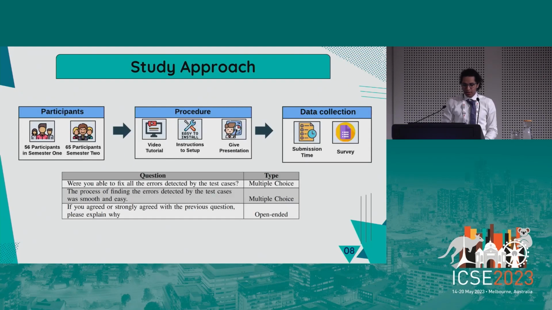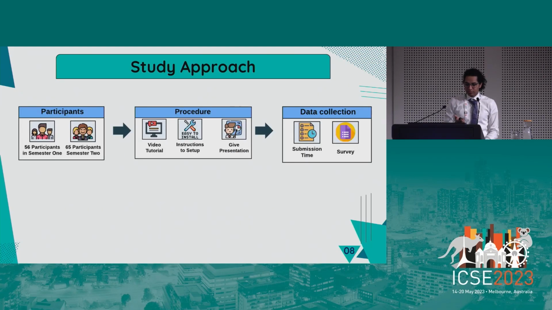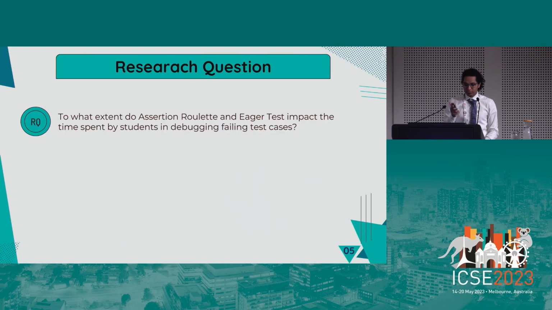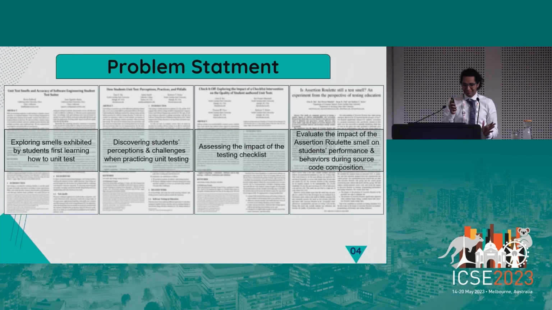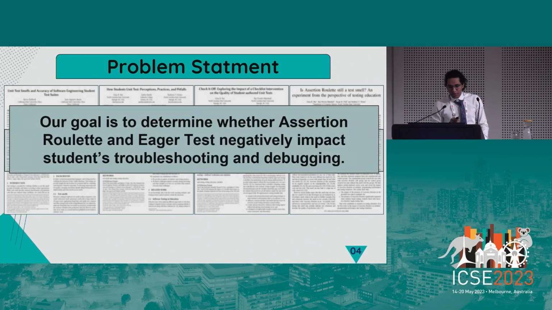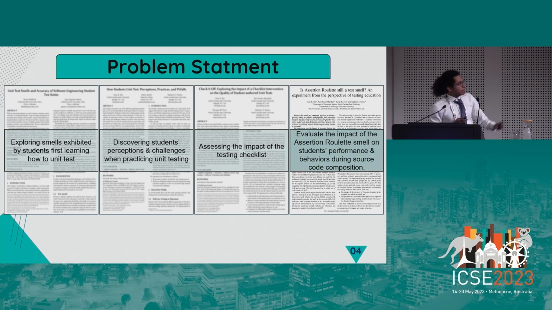That's a good question. The last study on the right did a similar study to ours, in the same scope but with a different design. What they did is let the students develop their own source code and then write their test cases.